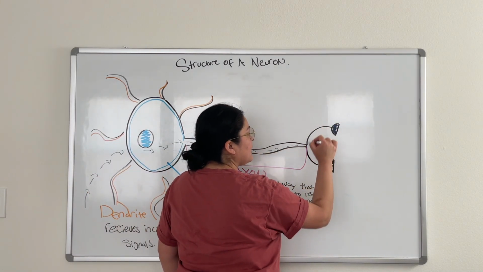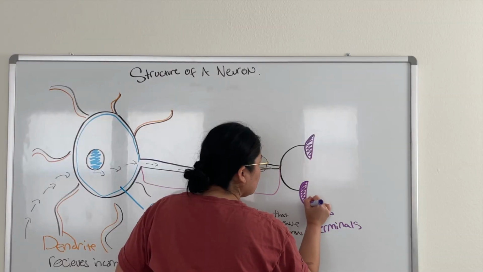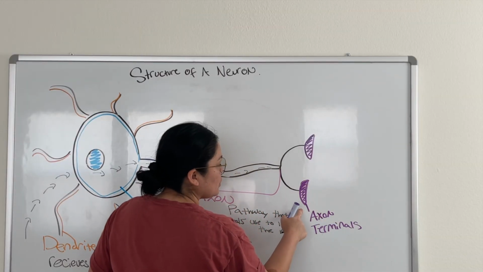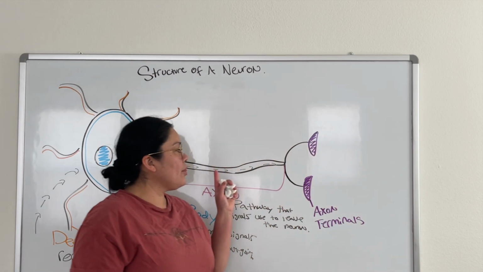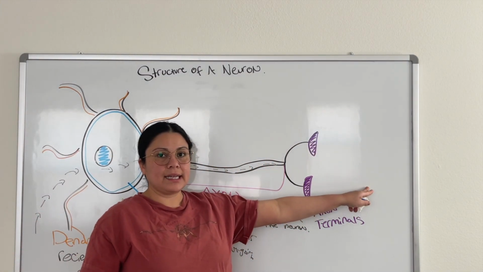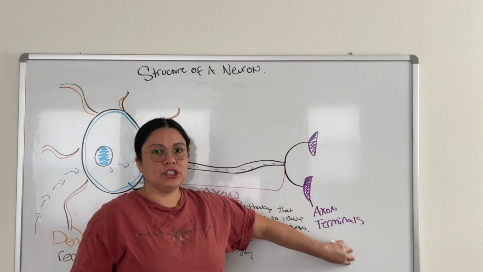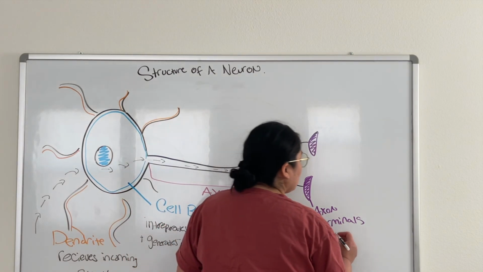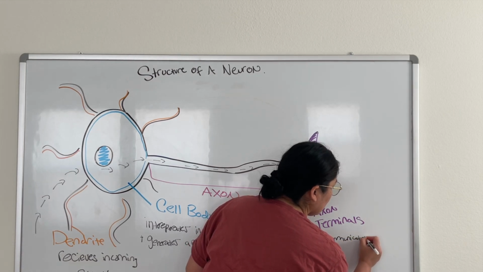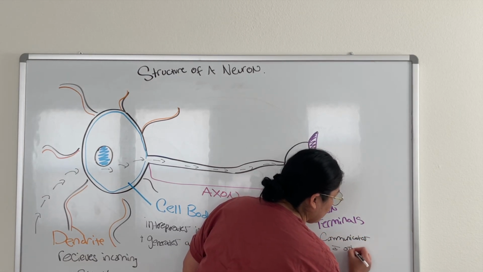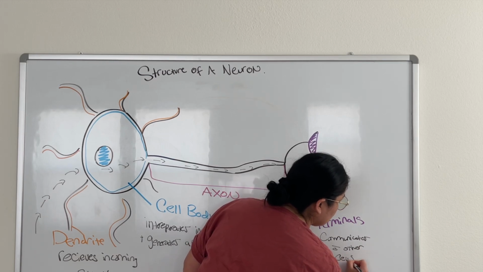And once it gets here, these are your axon terminals. At the axon terminal, there's a communication between this neuron and another cell. So this is the communication center at the axon terminals, which communicates with other cells.